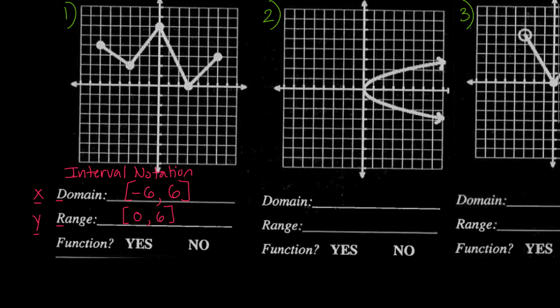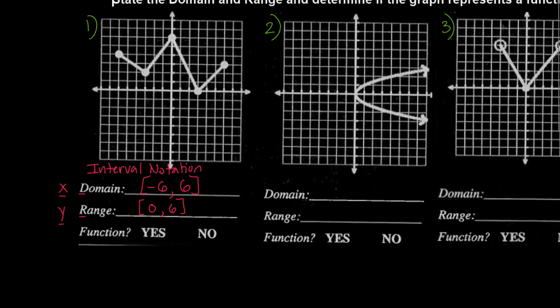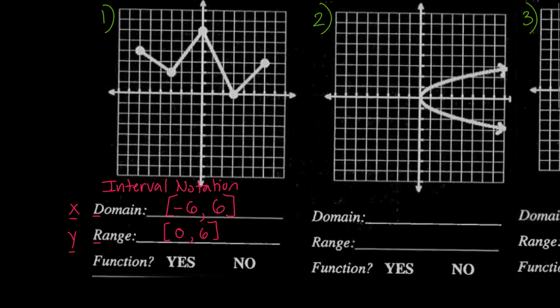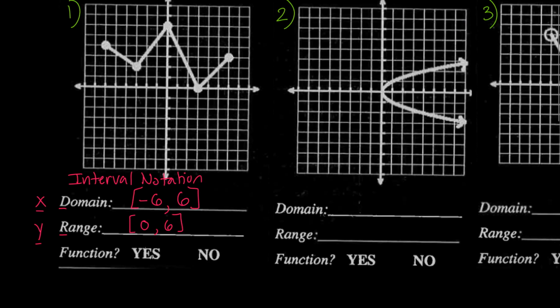And how we determine whether a line on a graph is a function or not is we do what is called the vertical line test. And you guys remember this from Algebra 1. Vertical line test.